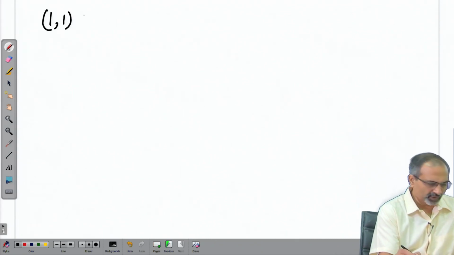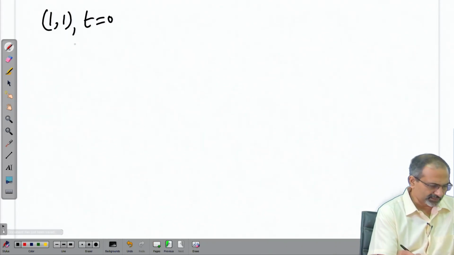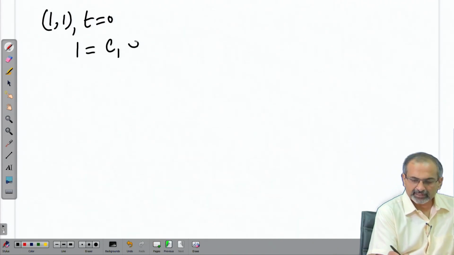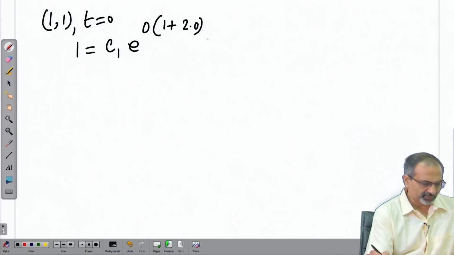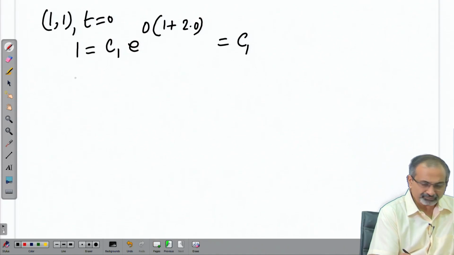So, the particle should have passed the point 1 1 at t equal to 0. If you substitute that condition, you will get 1 is equal to C 1 e to the power of 0 times 1 plus 2 into 0, which gives you C 1 equal to 1.